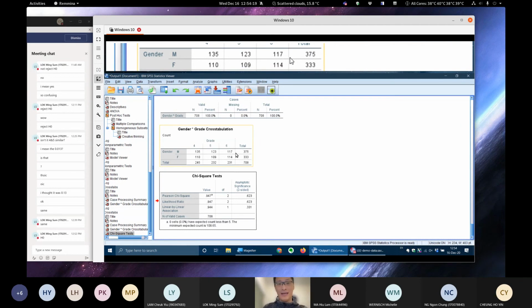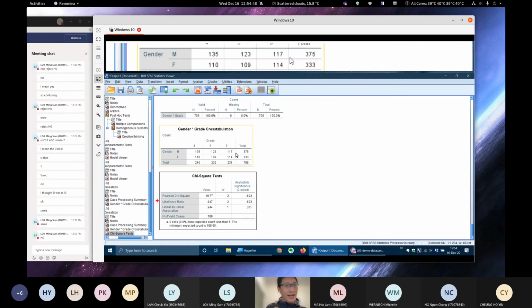That is because I have a large sample size, 708, and the people are quite uniformly distributed across the different groups. But in other cases, if you have a small sample or if most people are in one of the groups, then you might see that some of the frequencies here will be very small numbers.